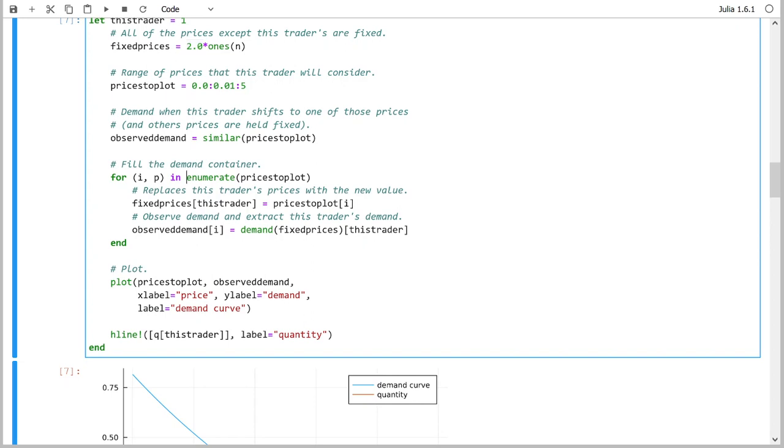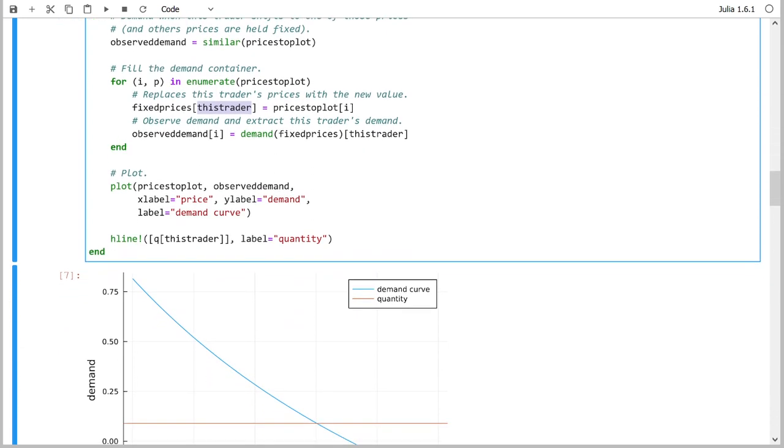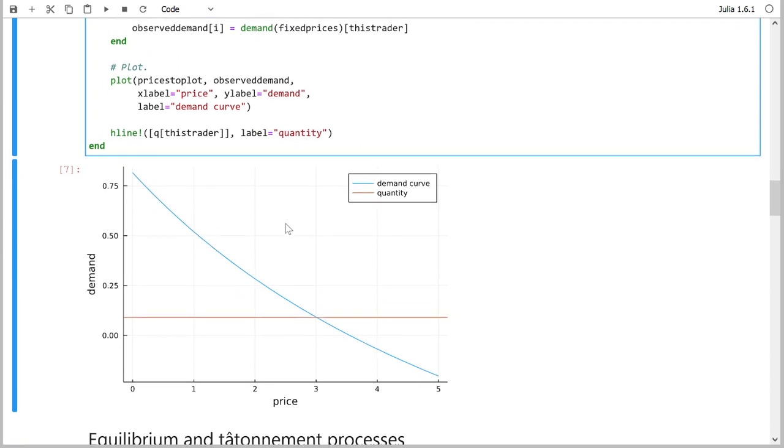So we're going to enumerate each of the prices to plot, and at the corresponding index in the observed demand container, we're going to put the demand for product i, which is 1, at the fixed prices, except instead of using the fixed prices, we're going to change the ith index of those fixed prices to the price that I've decided to plot on this range. So here we fill up our observed demand container, we generate the plot, and then I went ahead and put a horizontal line at the quantity.